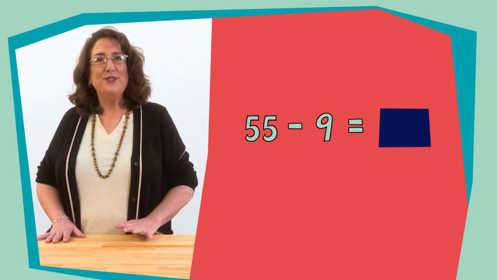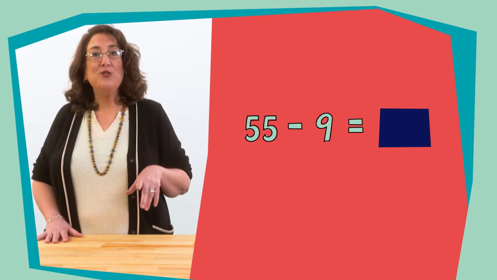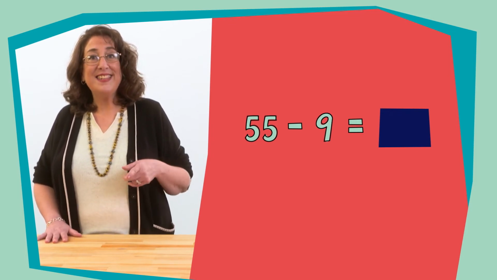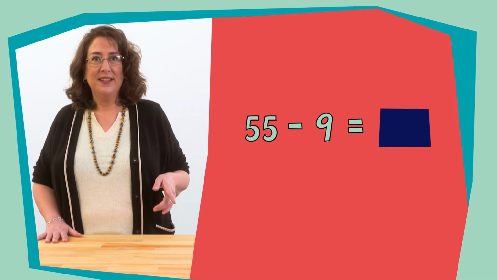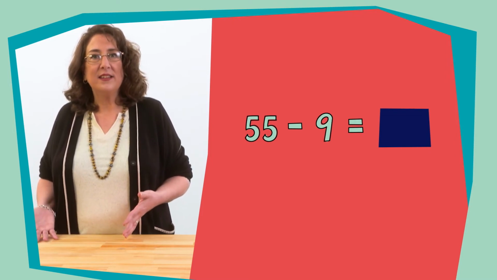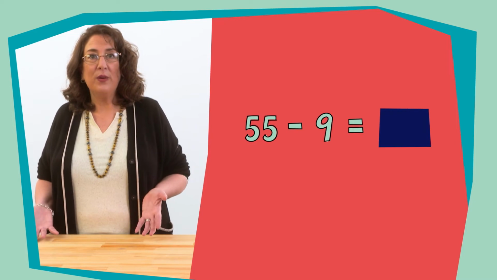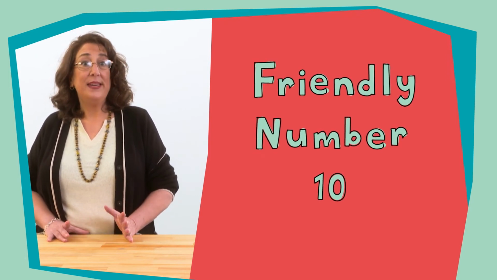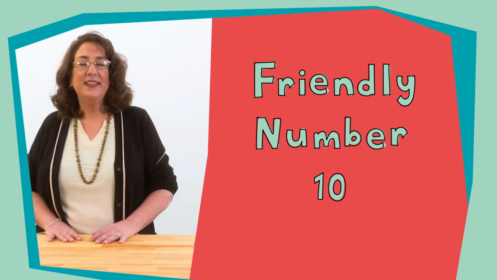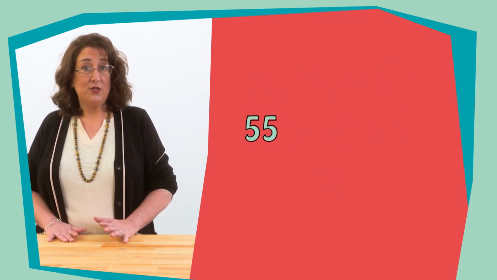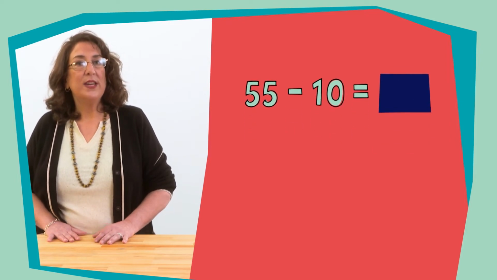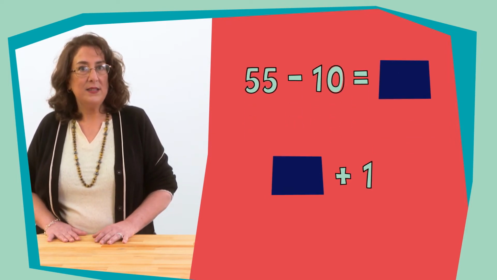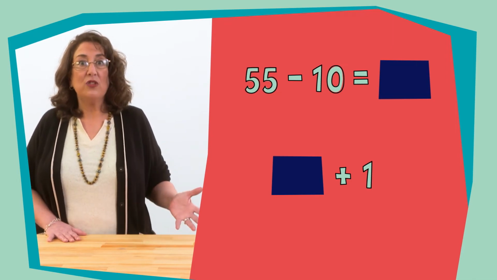I heard you say that you want to use a friendly number like 10 instead of 9 because 10 is so close to 9. You're right. 10 is only 1 away from 9. Wow. What a great idea to use the friendly number 10, being that it's only 1 more than 9. I love using friendly numbers like 10. It will be very efficient to subtract 10, and then we can just add 1 back to the answer to make up for the 1 extra we're taking away.